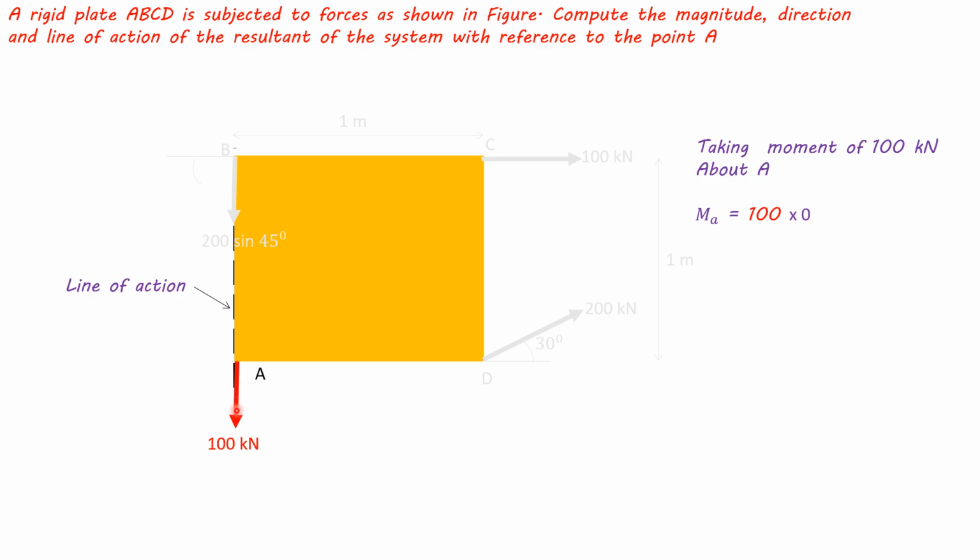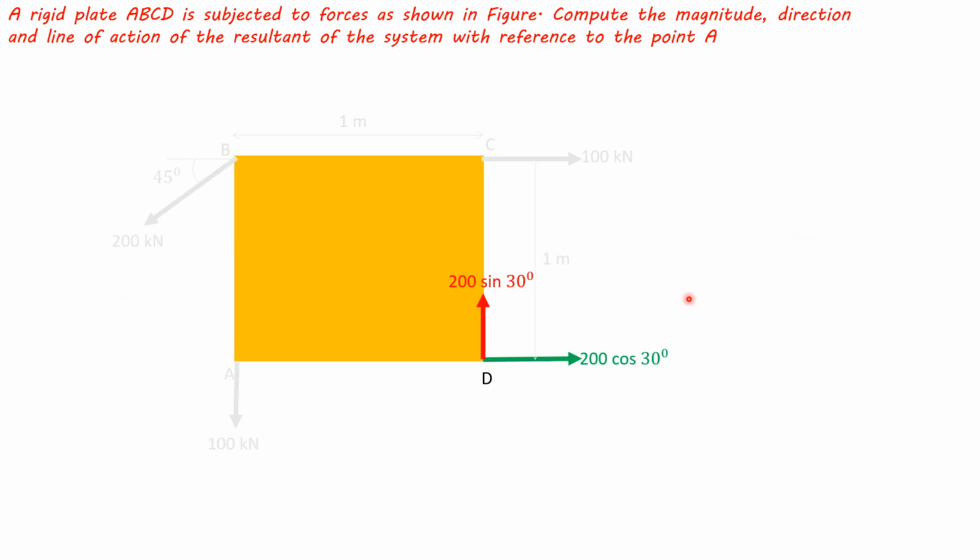Similarly, taking moment of this 100 kN force about point A, its line of action is on point A only, so there is no perpendicular distance and its moment is 0.